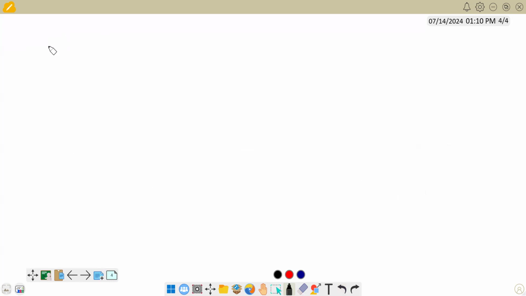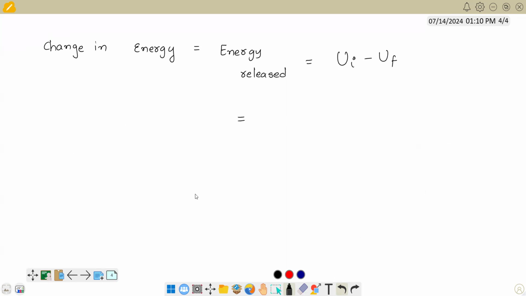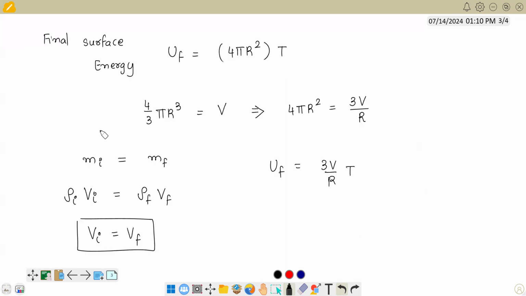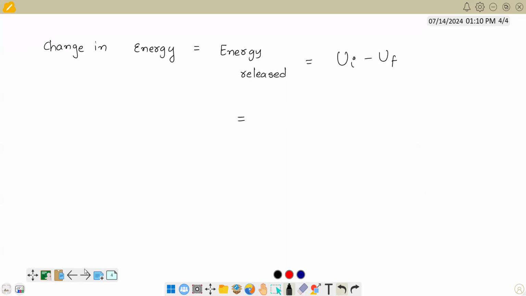So based on this, we can write the change in energy, or energy released. If you say released, we have to do initial minus final. The reason we are calling it release is that most of these processes, since they are coalescing on their own, are exothermic, so they are losing energy in that process.